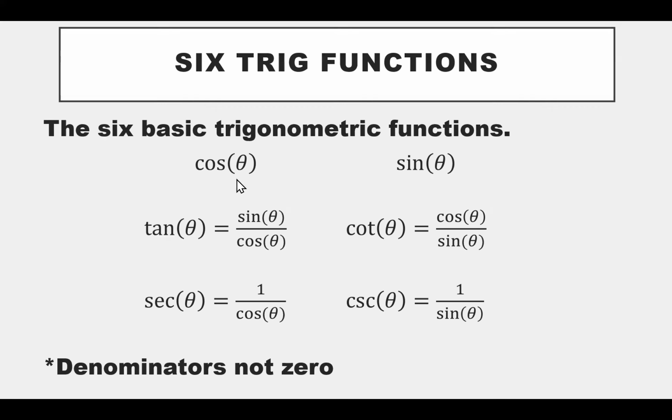So the basic building blocks are understanding where cosine and sine are on the unit circle, and then we will build out what that means for tangent, cotangent, secant, and cosecant.